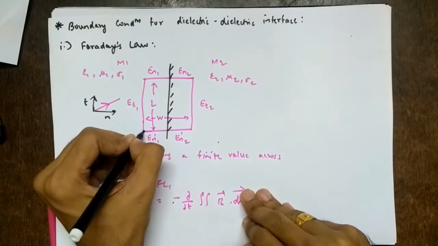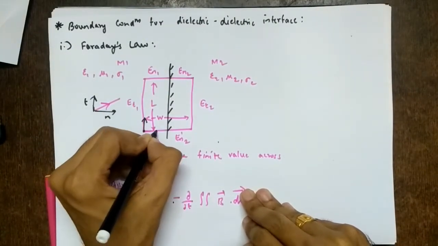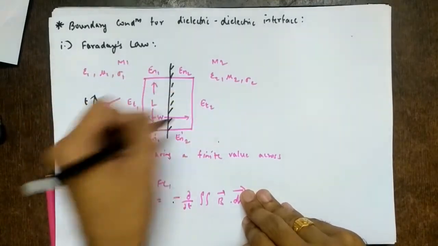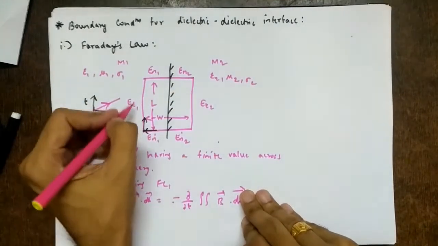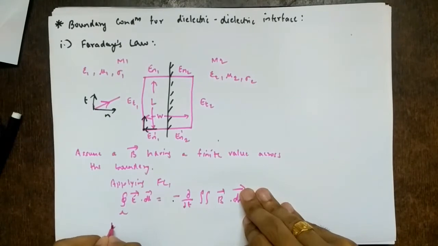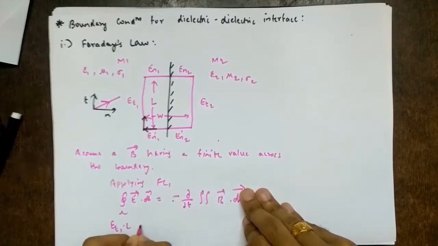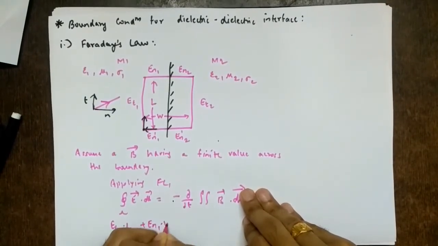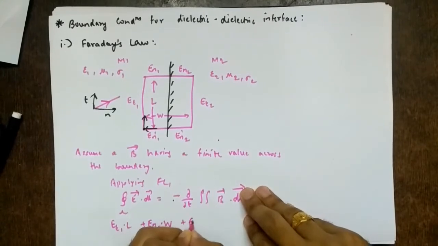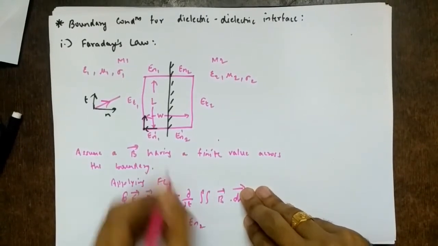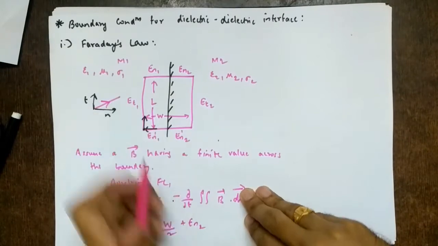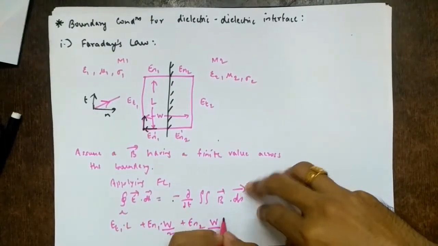Let's say we start from this point, we go up like this, and we end up here. This is nothing but a sort of KVL. So E dot dl means ET1 into L plus EN1 into W by 2. This is half; EN1 is only for half of the width; plus EN2 into W by 2.